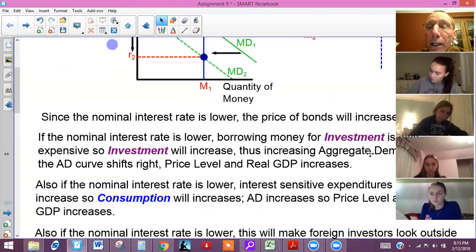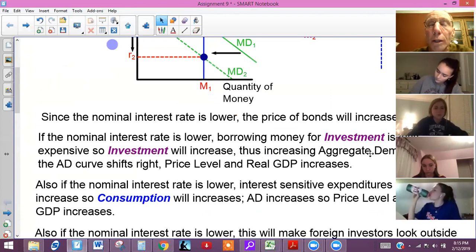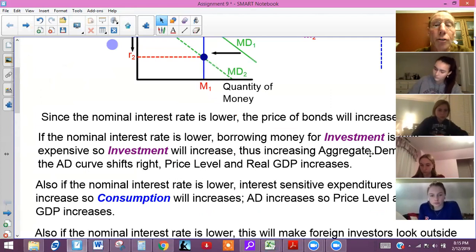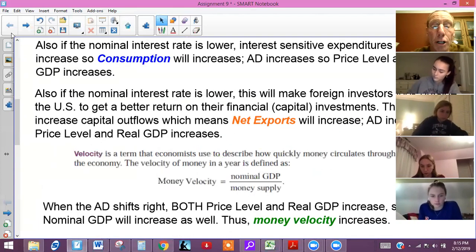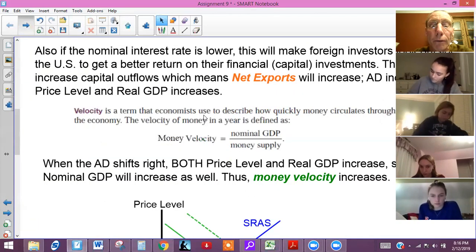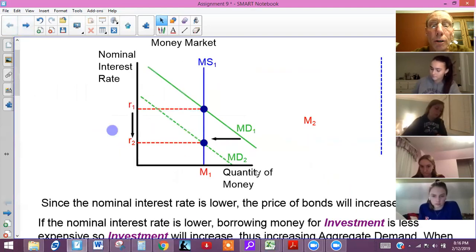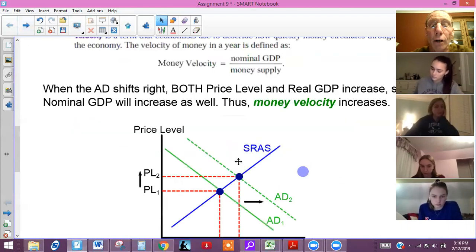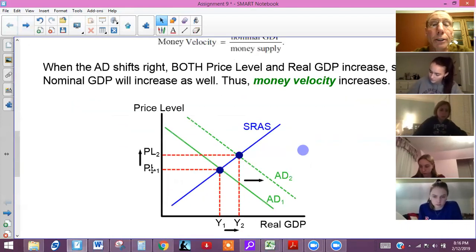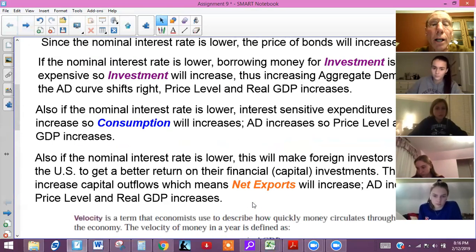So if investment goes up, aggregate demand is going to increase, which is going to increase both real GDP and price level. If you just picture the aggregate demand curve shifting out, it means price level goes up and real GDP goes up. So that's what's going to happen there.